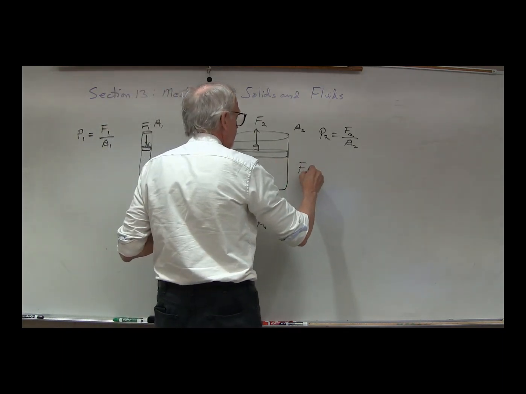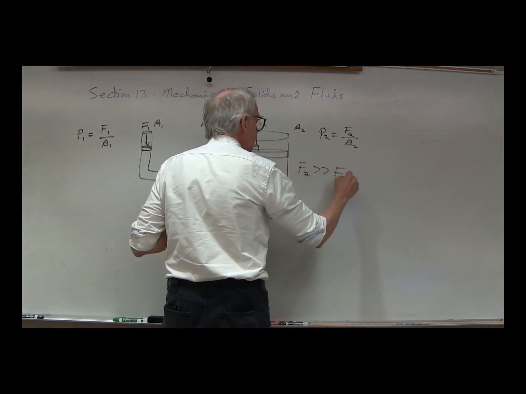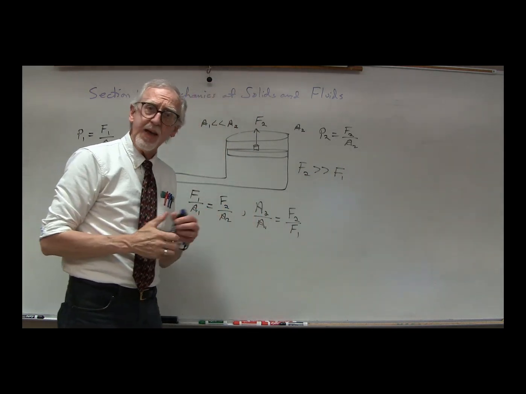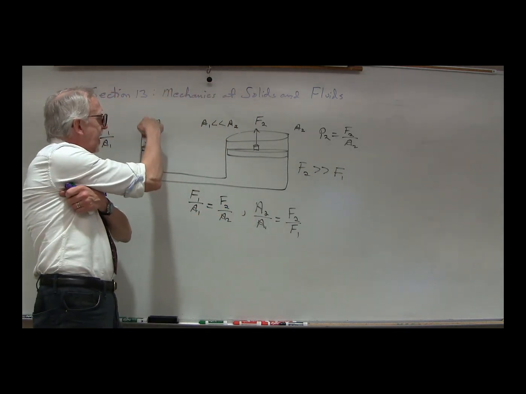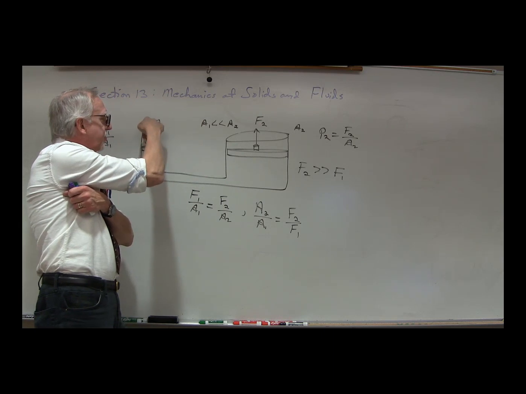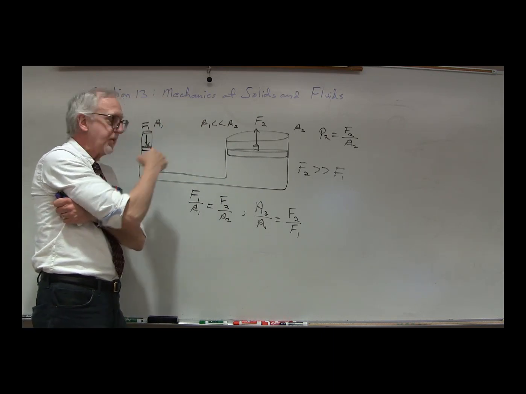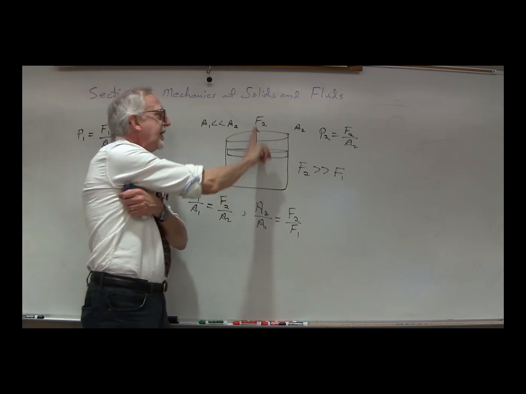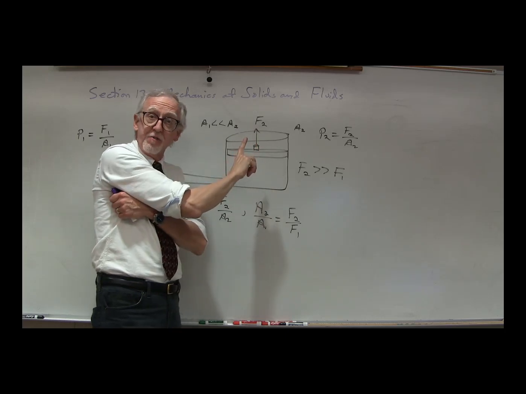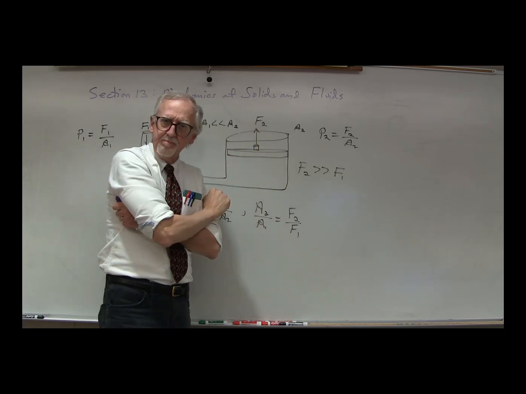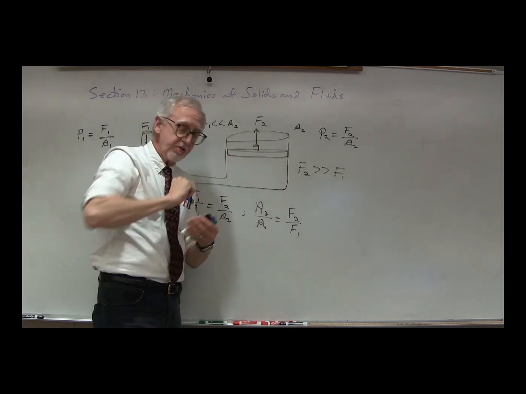F2 is much, much larger than F1. So by putting a very reasonable force on this piston, on this tube over here, we get a much, much larger force over on this piston. Well, that is a very interesting result.